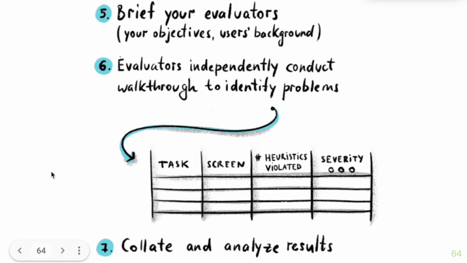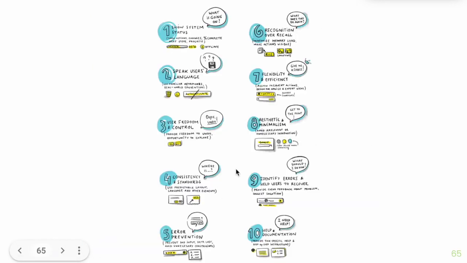Okay, and then after they have conducted a walkthrough to identify the problems for the whole user interface or for the different parts assigned to them, then that's the time that you can collate and analyze the results.